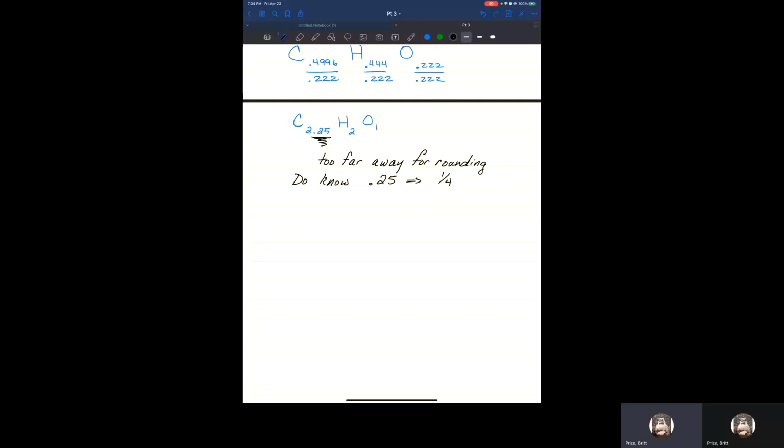What this means I'm going to do is multiply each subscript by 4.